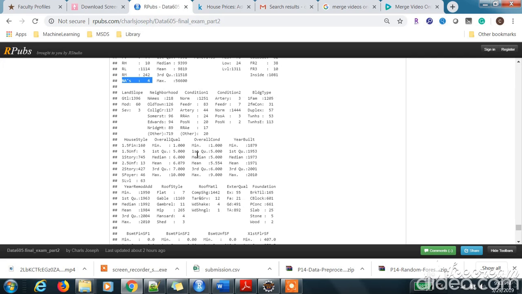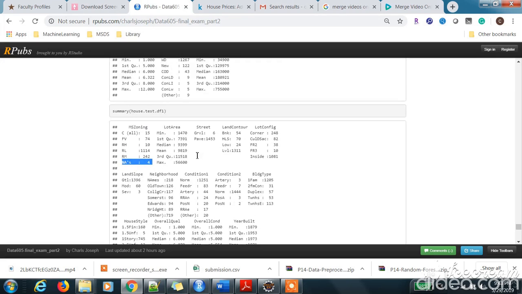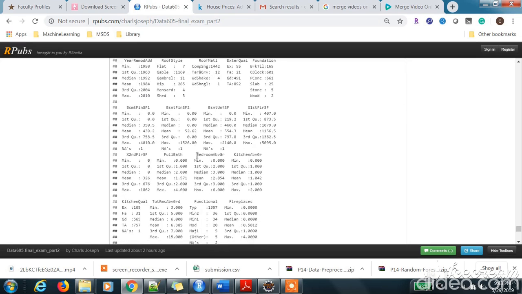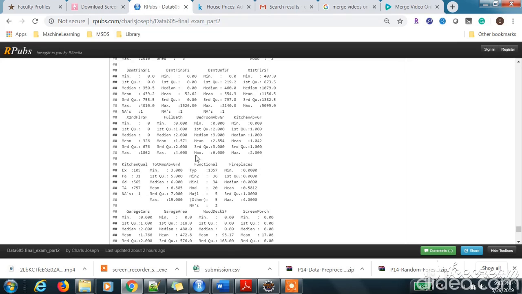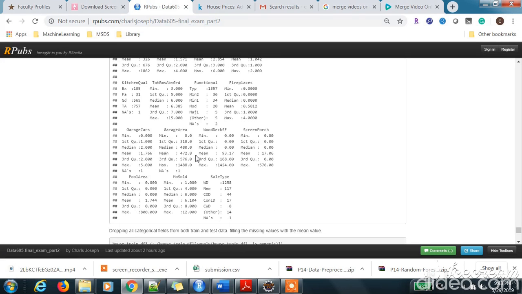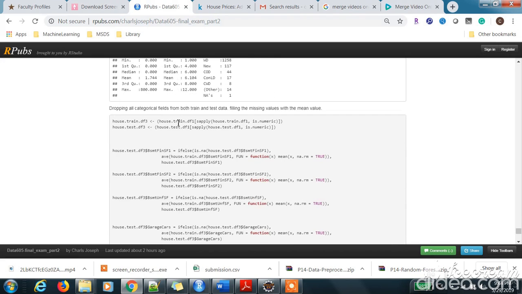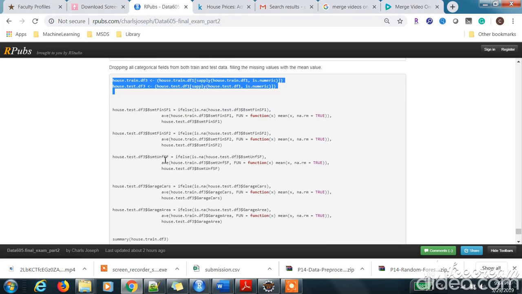So for that reason, I'm planning to drop all the categorical variables and then impute the missing quantitative variables with their mean value. That's what we did here. This will extract all the numerical variables, and for the numerical variables which have missing values, I'm computing the mean and then imputing it to the missing value.